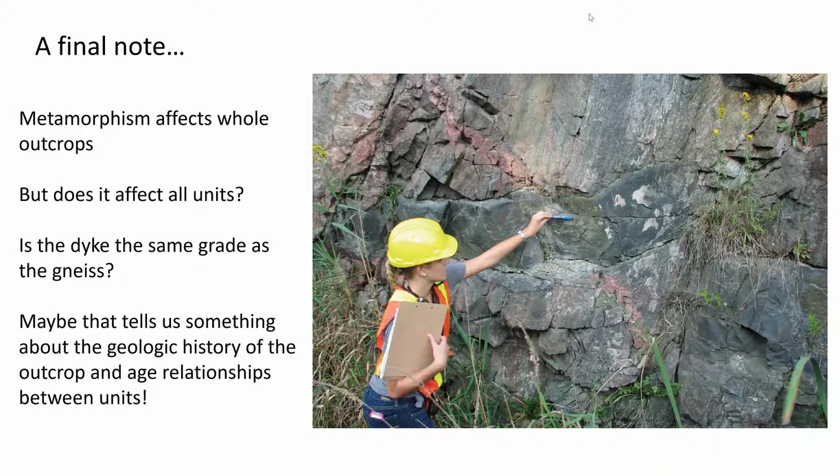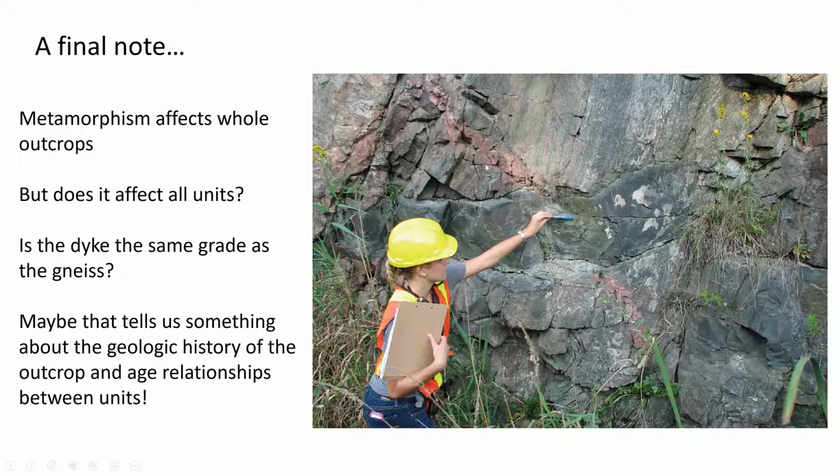A final note for today on field mapping of metamorphic rocks. Metamorphism, especially regional metamorphism, affects whole outcrops, but does it affect all units within an outcrop? In the example on the right from the Kingston area, we can see the diopside gneiss, which was cut by a felsic dike, and subsequently both units were cut by a mafic dike.